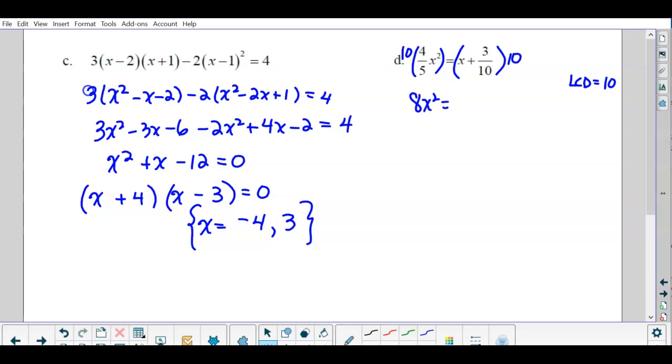Then distribute the 10. Okay, and then get everything to one side. Now it's a non-simple trinomial, so factor that.